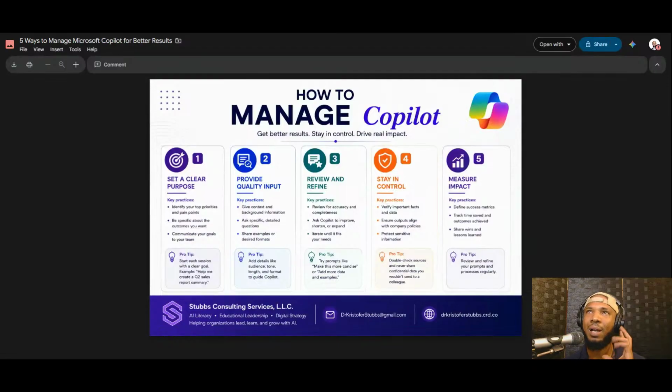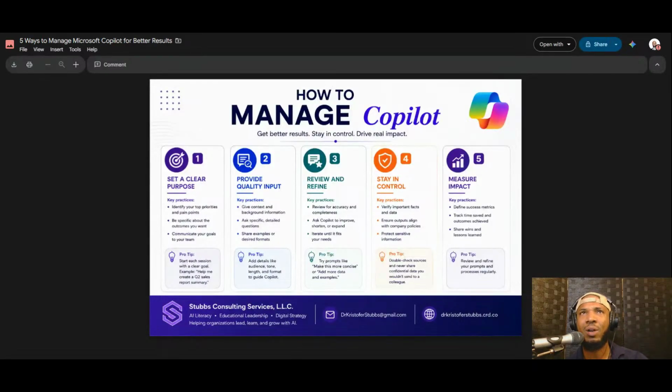Copilot is Microsoft's AI large language model. Sorry, it's their LLM, right? And the main thing that needs to be focused on as it relates to Copilot is understanding that there are some general concepts that need to always be kept in mind.